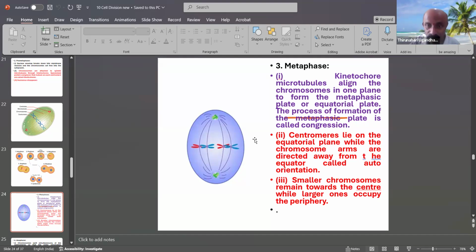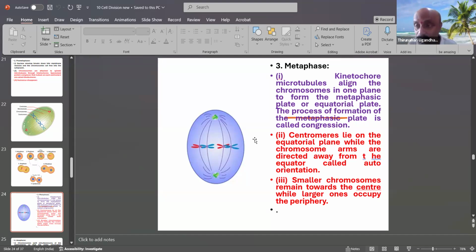Then the centromeres lie on the equatorial plane, while the chromosome arms are directed away from the equator, called auto-orientation. This auto-orientation occurs in metaphase; meta means middle.